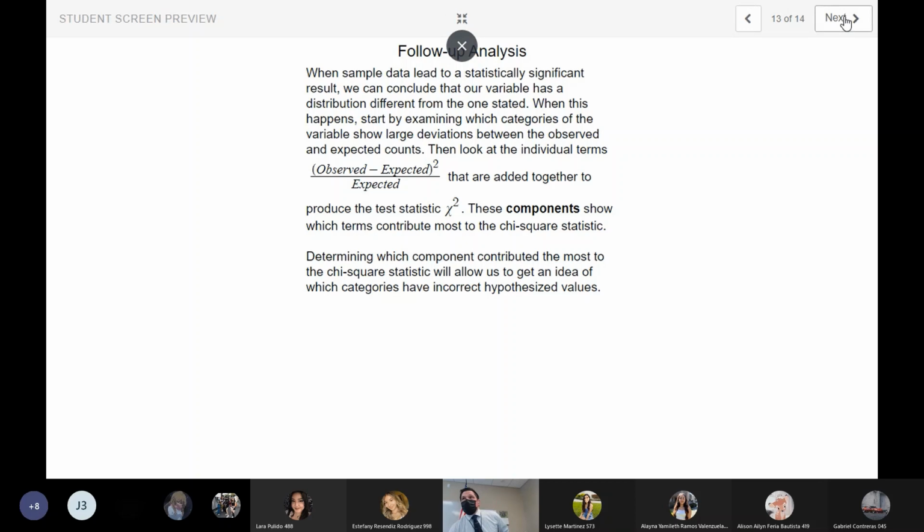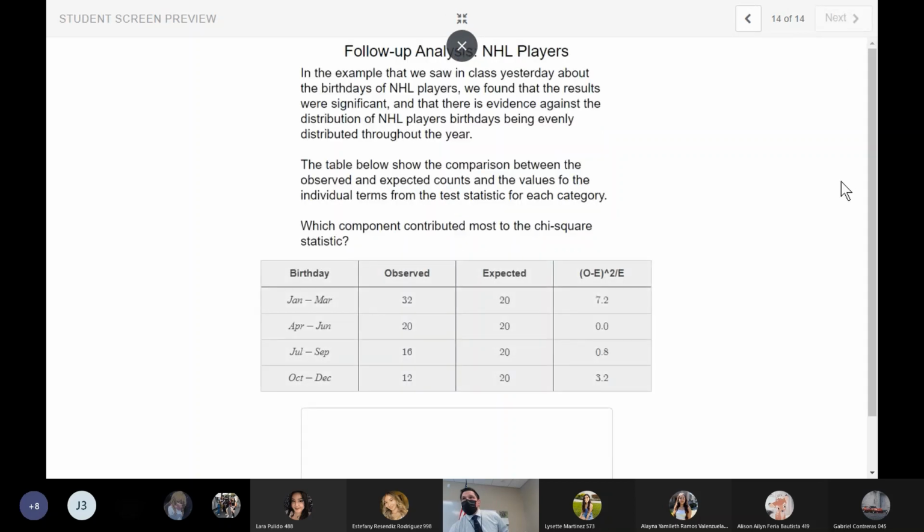Our example here goes back to the hockey problem that we saw yesterday, which I've provided all the stuff here. So if we're looking at this context, which component contributed most to the chi-square statistic?